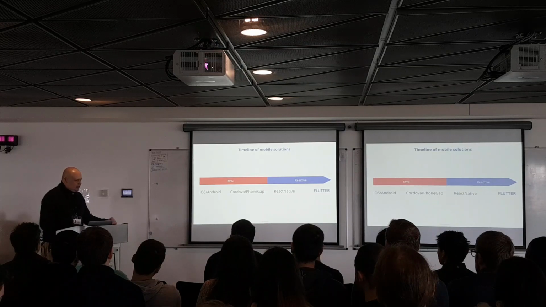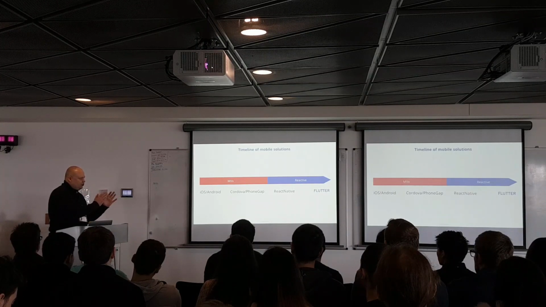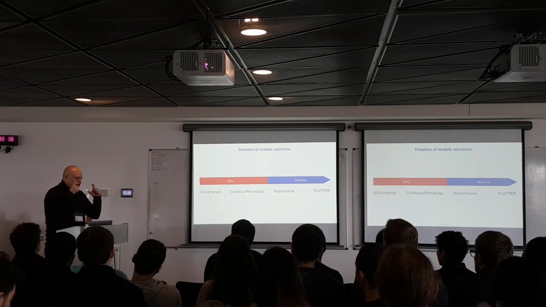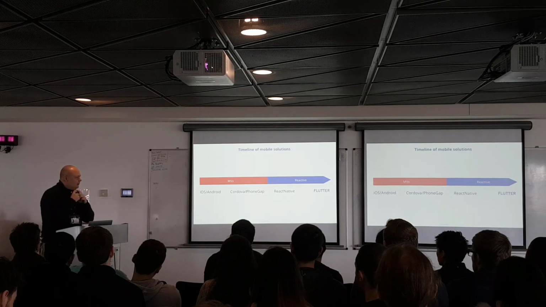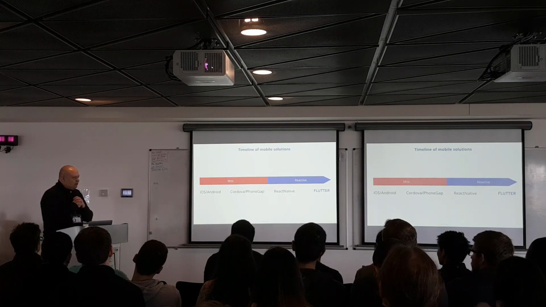Transferring what's supposed to be done in JavaScript, because React Native uses JavaScript, to what is rendered was the slowest part. So this bridge was always the bottleneck. And all the strategies about how to write good React Native apps are about how to cross the bridge.